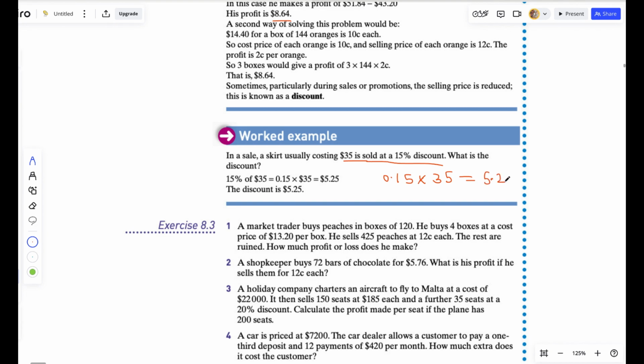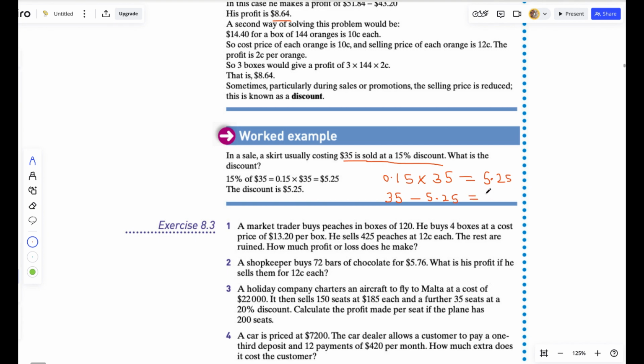Then the B part of the question could be, how much did you pay for the shirt? To know how much you pay for the shirt, you say $35, which is the original price of the shirt, minus the 5.25. You get 29.75, right? This will give you 29.75.